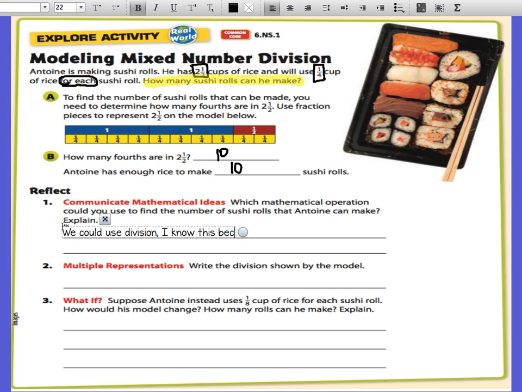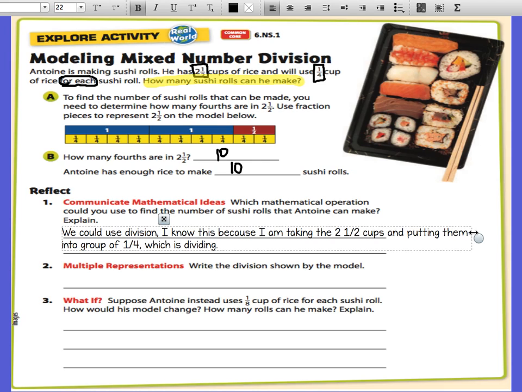I know this because I am taking the 2.5 cups and putting them into groups of 1/4, which is dividing. I just look at what I'm actually physically doing. If you were to take that 2.5 cups of rice and put it into groups of 1/4, we know that's division.